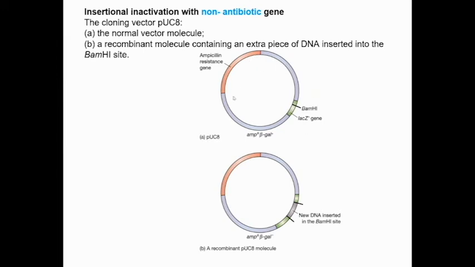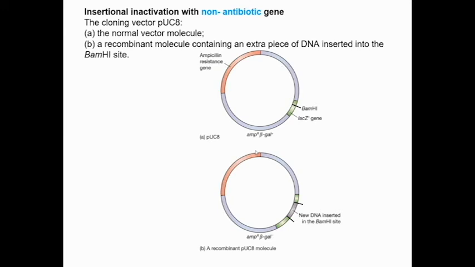One is pUC8 that self-ligated, so it doesn't have the insert. The second group has the insert. So you have two populations of DNA: the original vector, and the recombinant molecule. Then you perform the transformation.